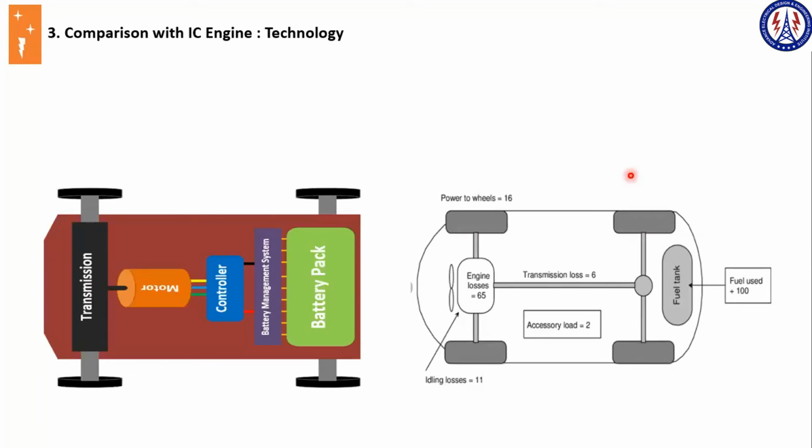From my point of view, the efficiency of EV could reach up to 60 to 70%, something like that. And the traditional cars, the IC engine, maybe less, around 50% or less.